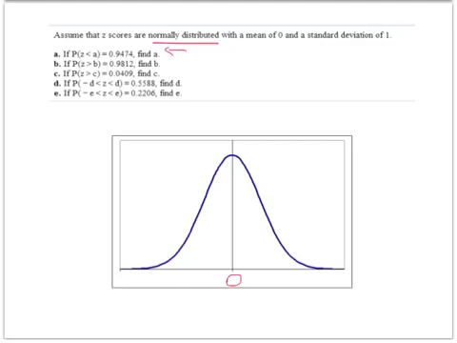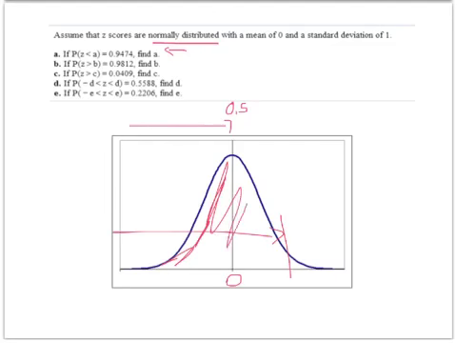Well, if I know from here to the mean is 50% of the data, or let's keep it in decimal like they did, then I know this 0.9474 is somewhere beyond it. So all this shaded area under here would be 0.9474 of the data. Well, what is this value right here? That's what they're asking you to find, and that's the z value.